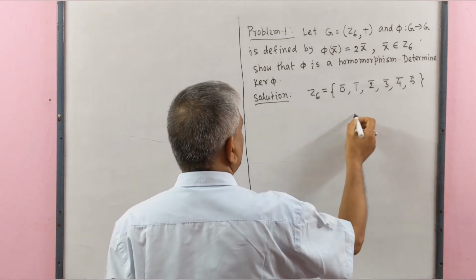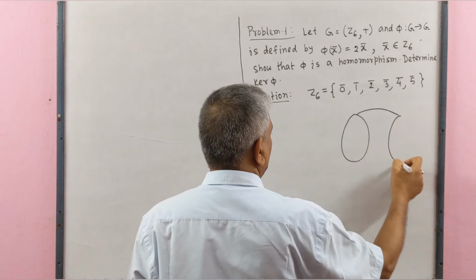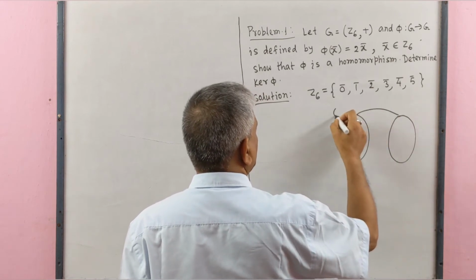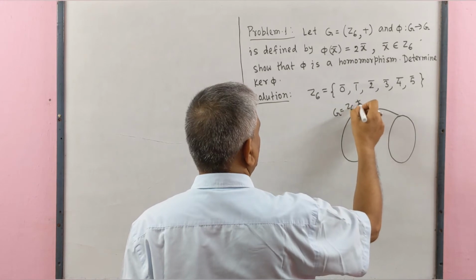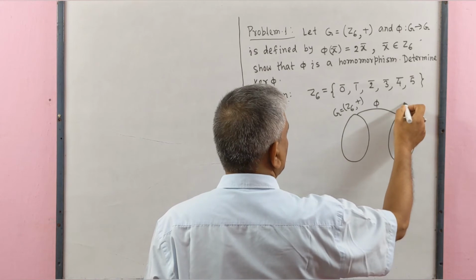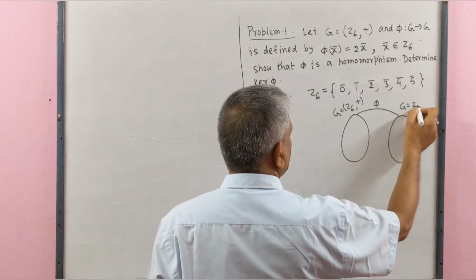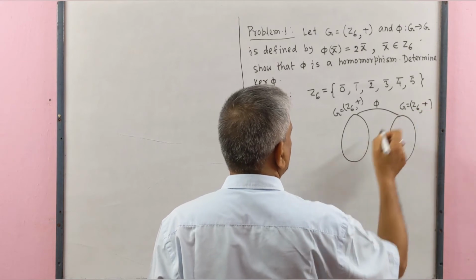Here phi is defined on G equals Z6 with binary operation addition into G equals Z6 with binary operation addition.